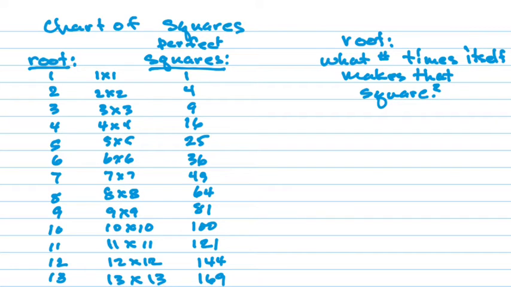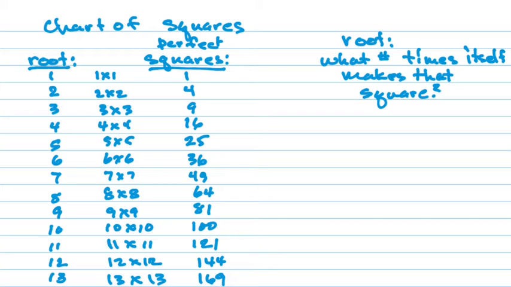So if I want the square, that means you multiply the number times itself. If I want the root, that means what number times itself is that number. So what is the square root of 100? 10. Good. Okay. What is the square of 3? 9. Square of 3 means multiply it times itself, right?